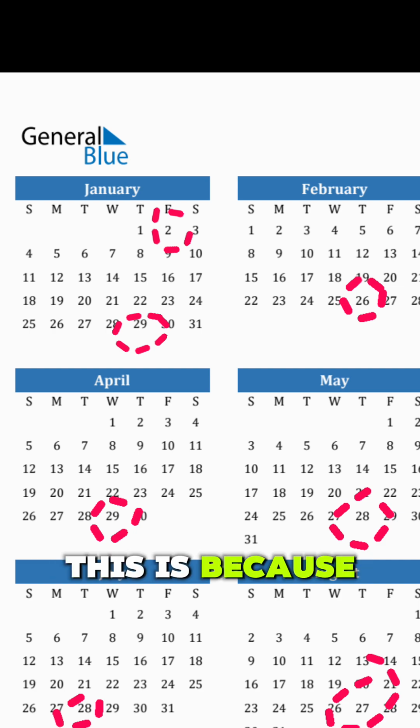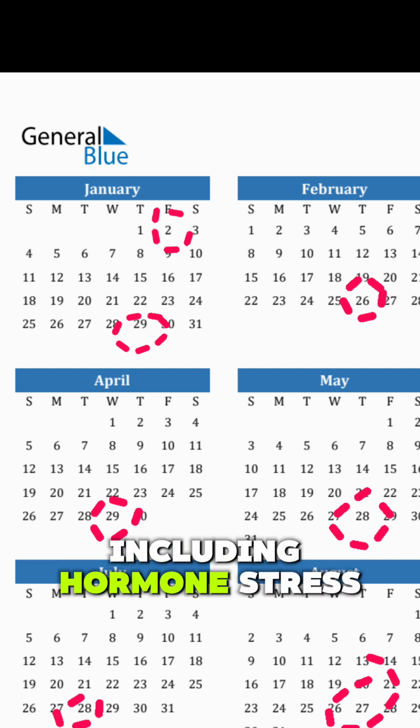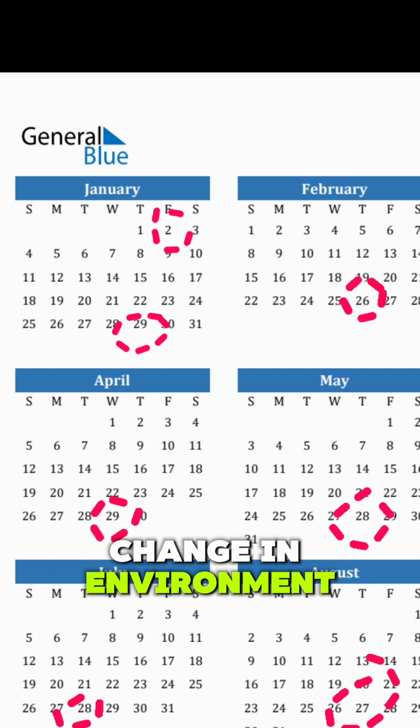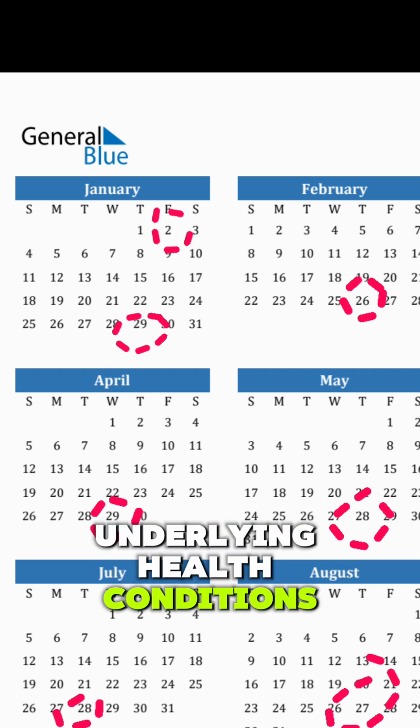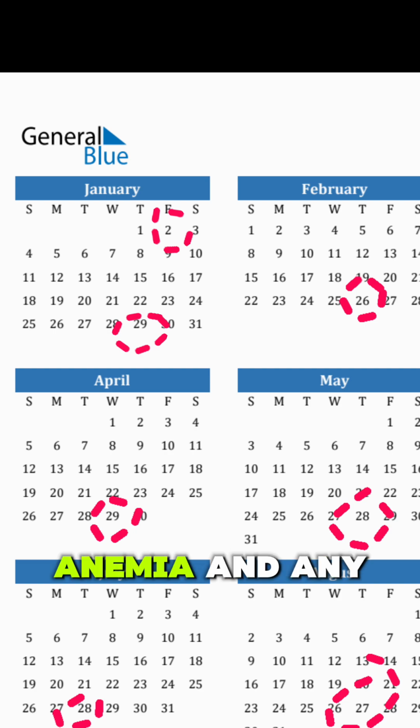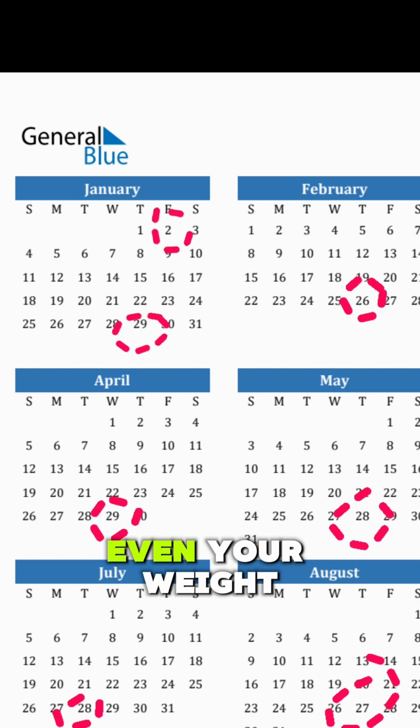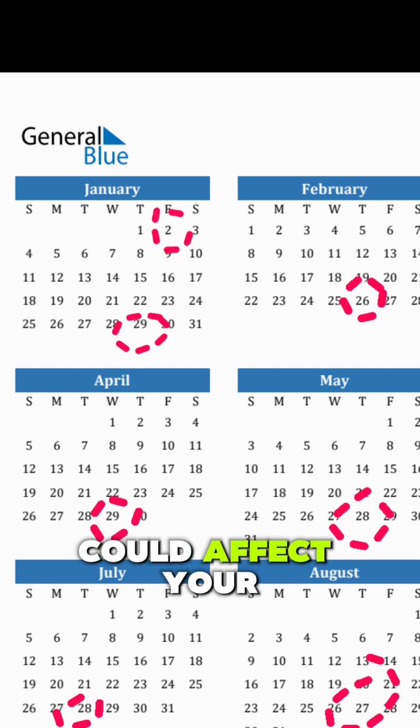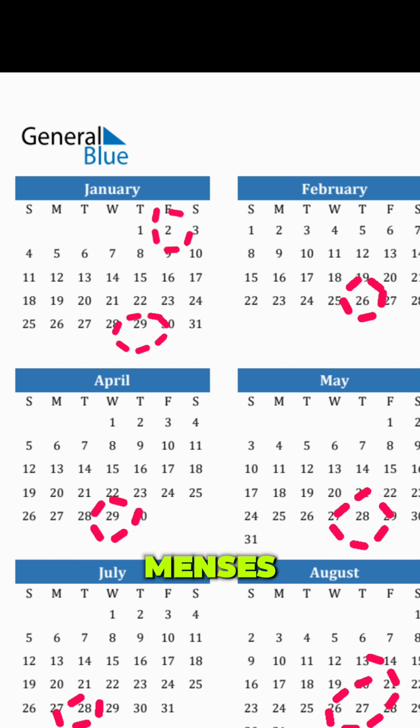This is because the menstrual cycle is affected by many factors, including hormones, stress, change in environment, underlying health conditions like infections, anemia, any illness that may have affected you. When you travel from one place to another, your menses may be delayed. Even your weight could affect your menses.